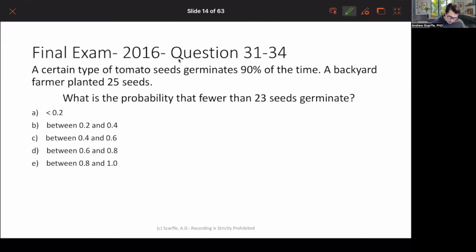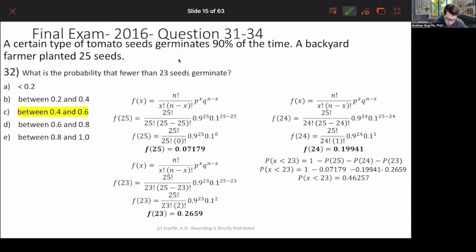There's a long way and a short way to answer this question. And if you took the long way, you're going to be doing this for at least 10 minutes, and the likelihood that you make a mistake is quite large. So what we have to calculate is the probability that x is less than 23.